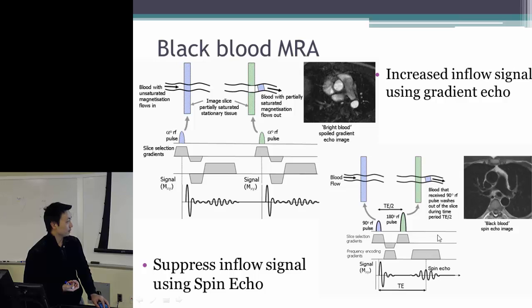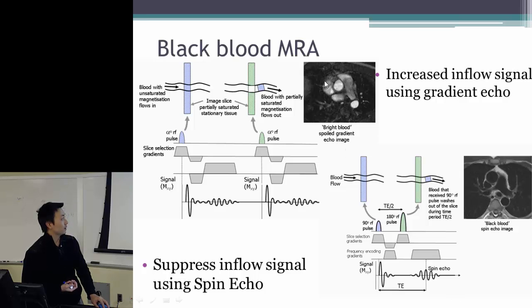And when it comes to the TE, when the signal is being collected, this signal would have dephased due to first the flow dephasing effect, and also due to the T2 or T2 star decay. So this is the black blood using a spin echo image.